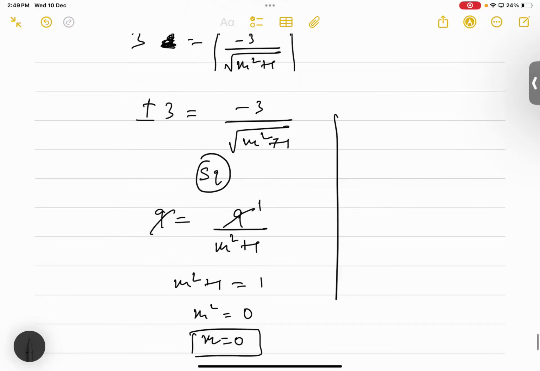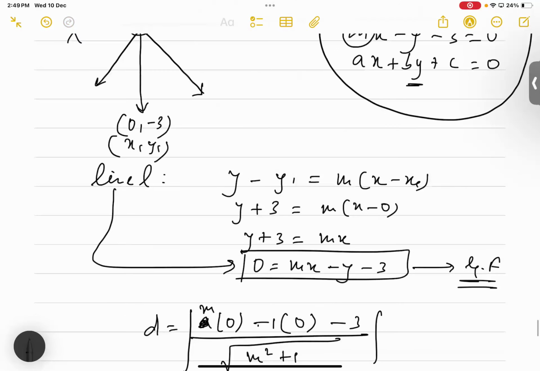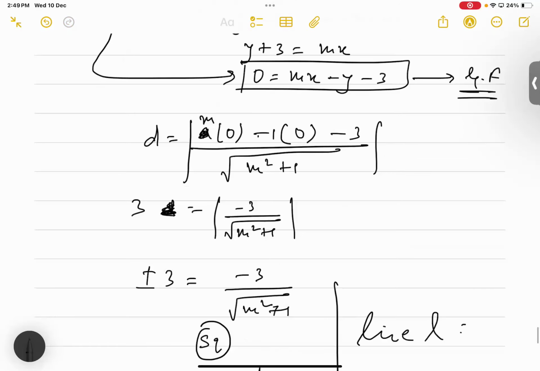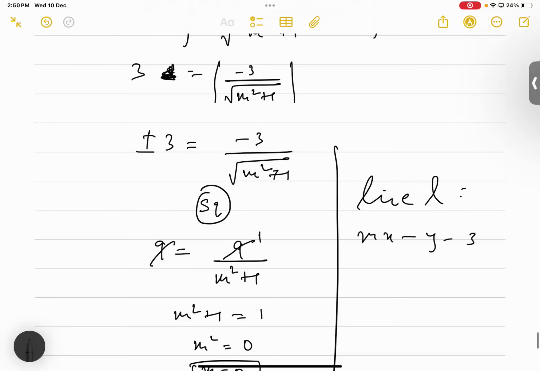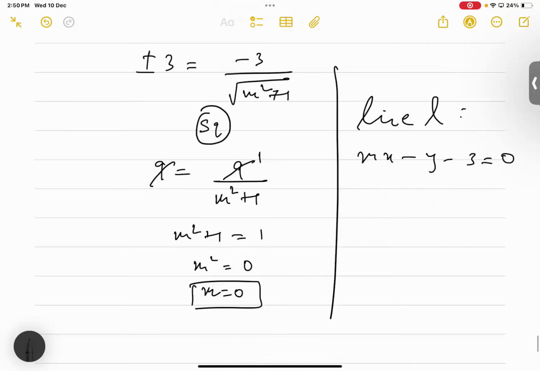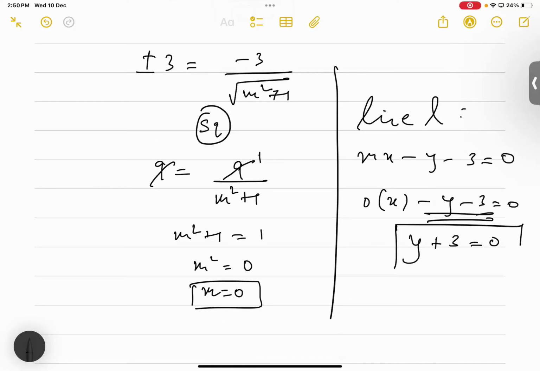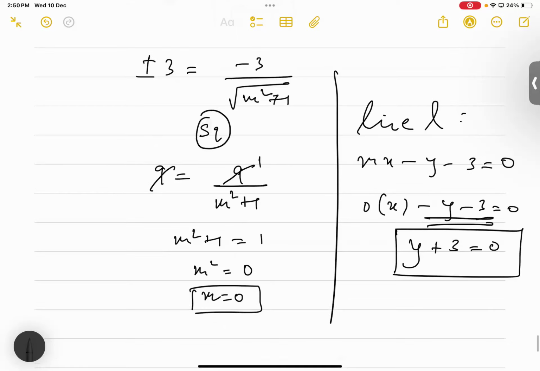Line L is mx minus y minus 3 is equal to 0. There is only one case because m is 0. So y plus 3 equal to 0. Take this on the right hand side. This is line L. Did you understand this problem?